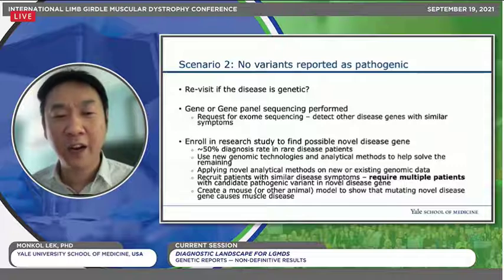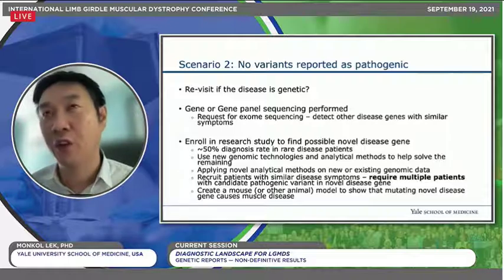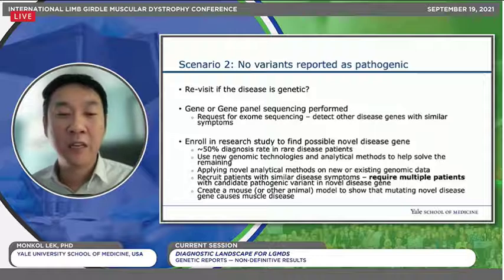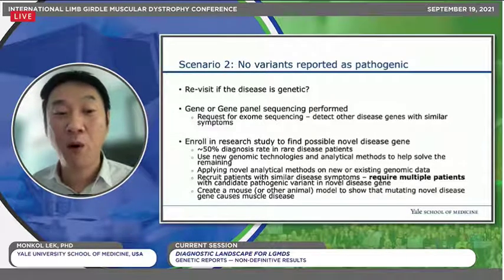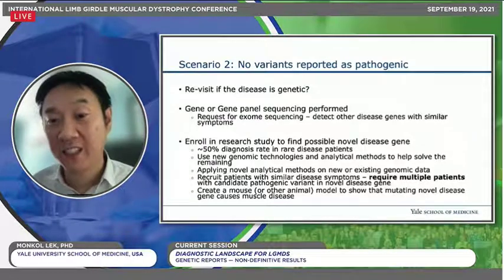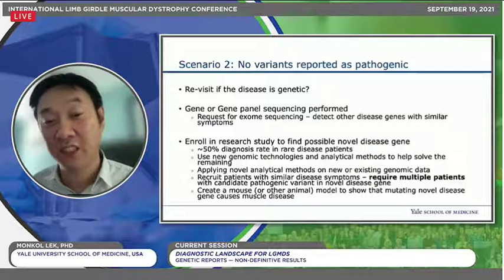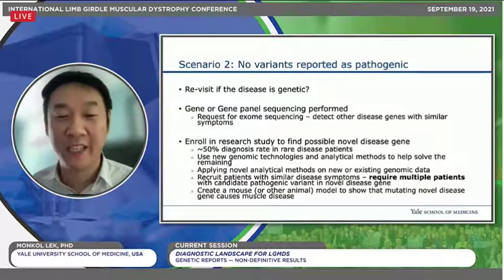And the reason why we're able to achieve success in discovering novel disease genes is we recruit a lot of patients with the same disease symptoms. Because to associate evidence, we require multiple patients to be sure that the candidate pathogenic variant and novel disease gene is the right one, instead of only having an N of one, or one example.